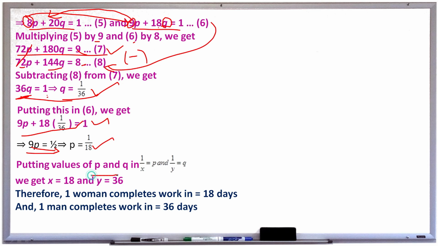Putting the values of p and q, 1 by x is equal to p and 1 by y is equal to q, you will get x is equal to 18 and y is equal to 36. One woman can complete the work in 18 days, that is x, and one man can complete the work in 36 days, that is y.